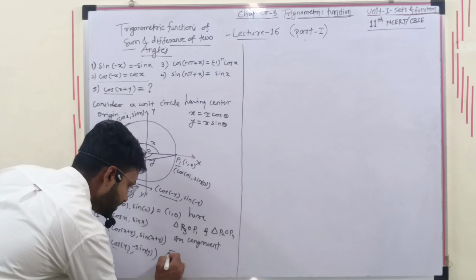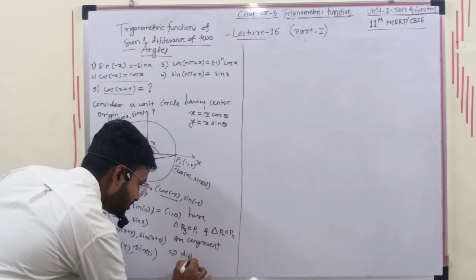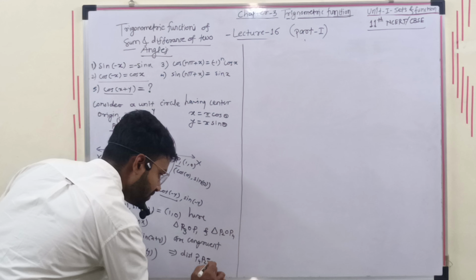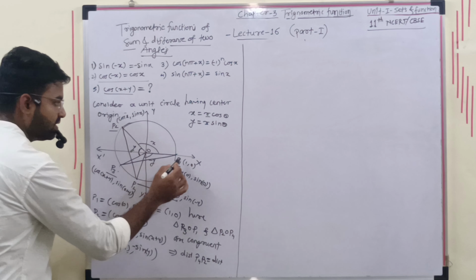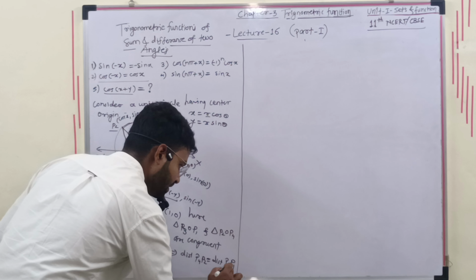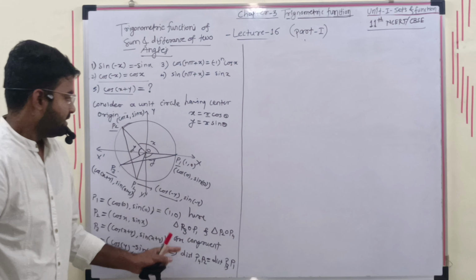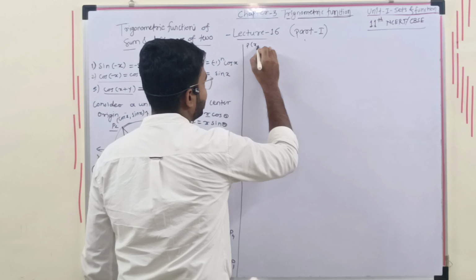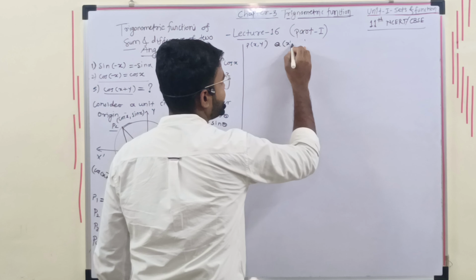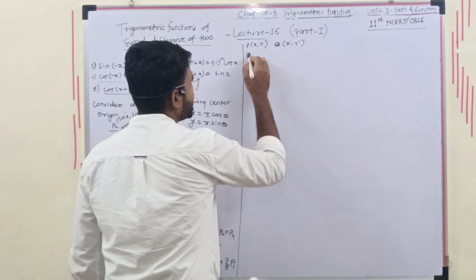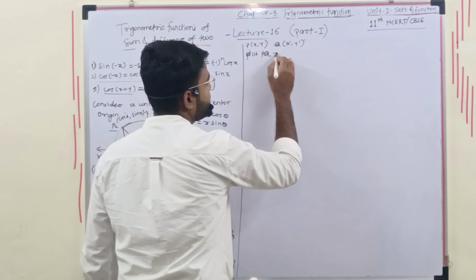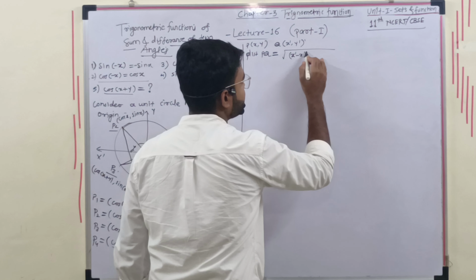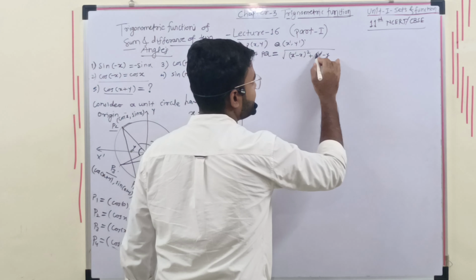That is, this implies distance P4P2 is equal to distance P3P1, and we know the distance formula: if P is the point (x, y) and Q is the point (x', y'), then distance PQ is equal to the square root of (x' minus x) whole square plus (y' minus y) whole square.